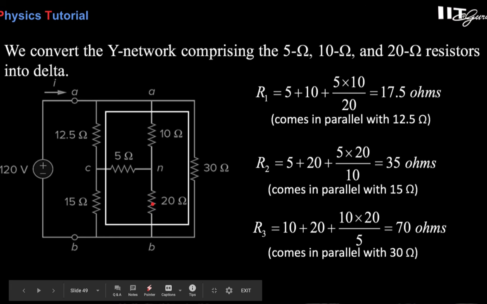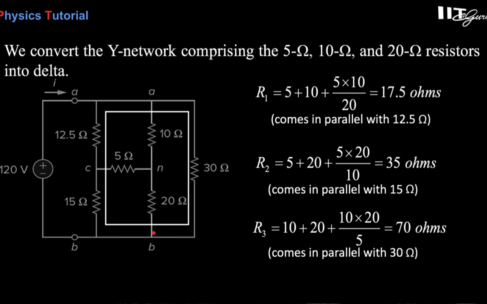So 20, if you come to this point B, then A and C is the common point over here. So R1 is 5 into 10 upon 20, that is 7.5. And here you find 12.5 ohm in parallel. This will be R1.